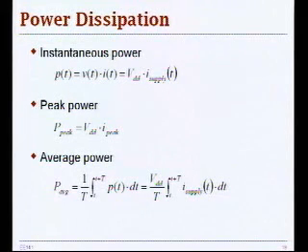And there are a number of parameters that you need to worry about when you design your circuit, but you always start from this very basic definition of instantaneous power. That is, at any given point in time, your power is expressed as the product of the voltage at that time and the current.